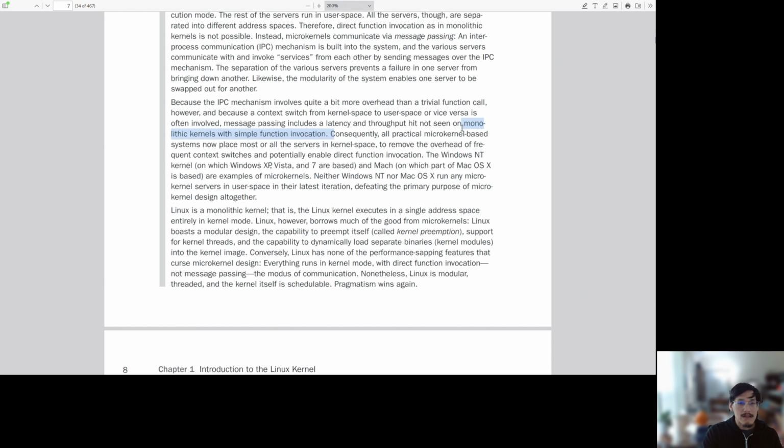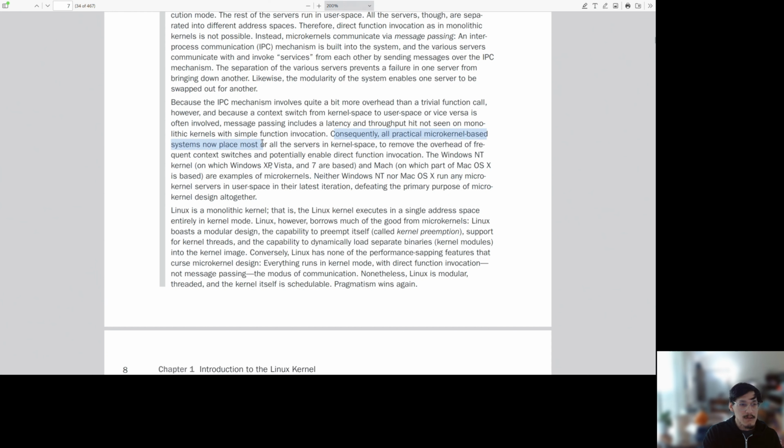Consequently, all practical microkernel-based systems now place most or all the servers in kernel space to remove the overhead of frequent context switches and potentially enable direct function invocation. The Windows NT kernel, on which Windows XP, Vista, and 7 are based, and the Mach, on which part of Mac OS 10 is based, are examples of microkernels.